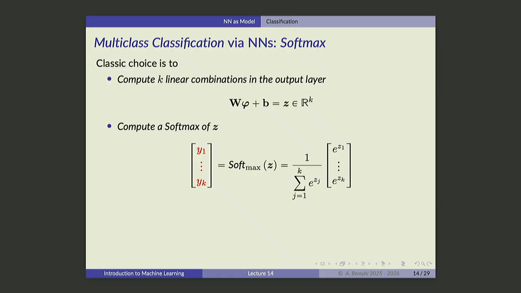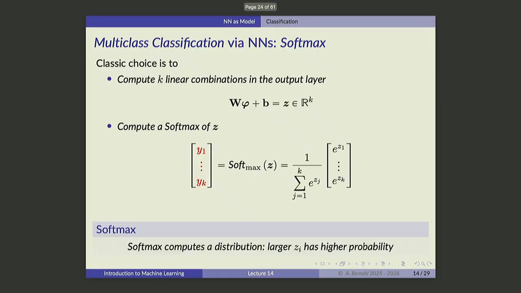Everybody's cool? Okay. Now, softmax is basically just computing your distribution. And the reason that we call it softmax is obviously because when z is larger in the distribution, it's going to have higher distribution, right?